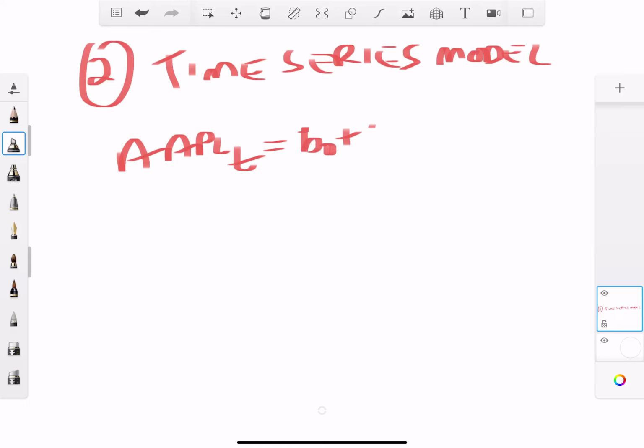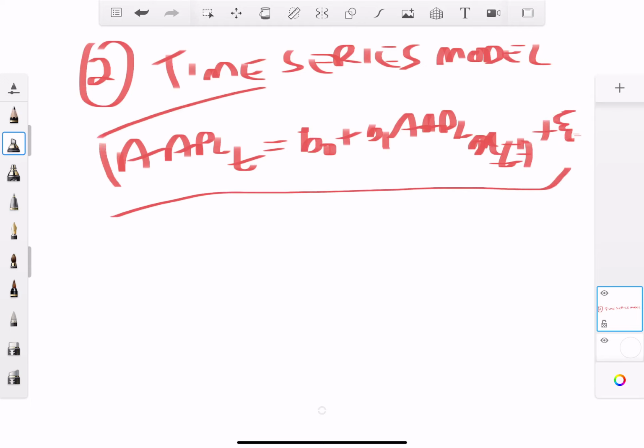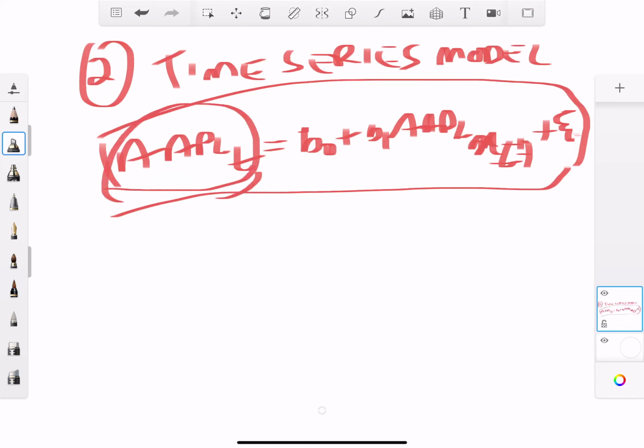What we can do is regress the Apple stock against its own previous term, right? So this is a time series model. When we talk about a time series model, we are regressing a particular security at time t versus a different time. Now, a time series model can be a linear one, right?